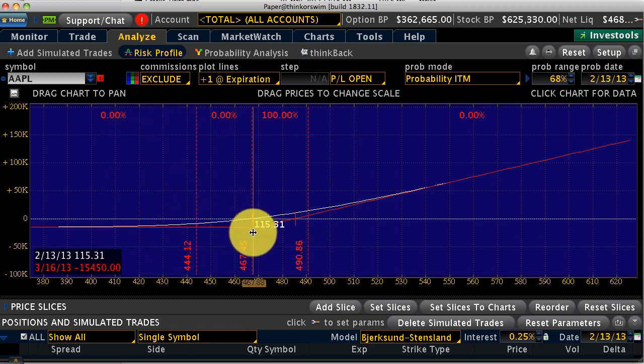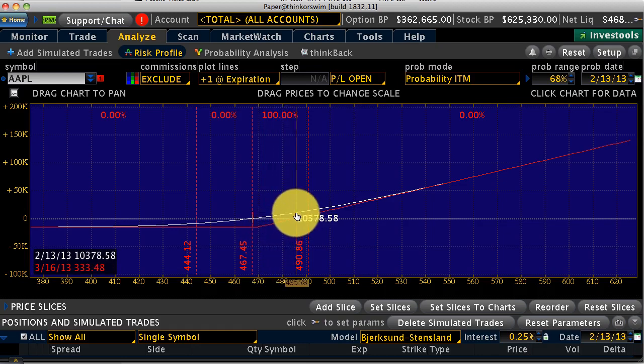However, on the plus side, anything above 470, and then you're going to have to add the premium that you paid. So 470 plus 15 is about 485, and you can see this vertical red line here, and that should be approximately at 485. So 485 is your break even.